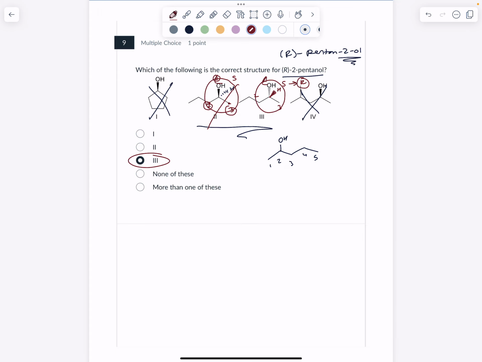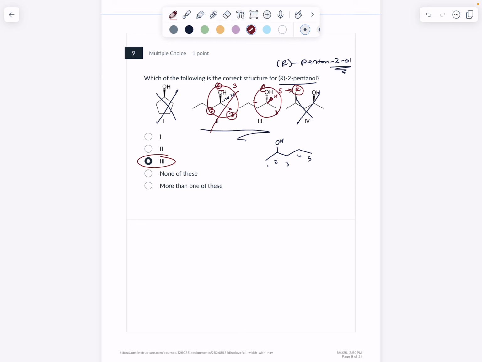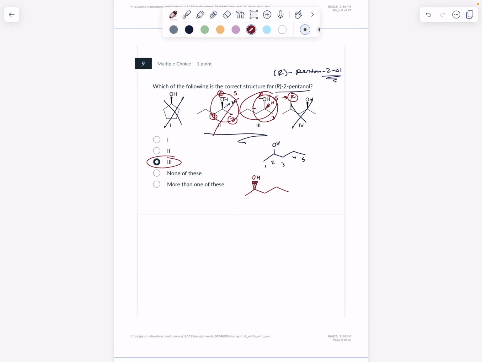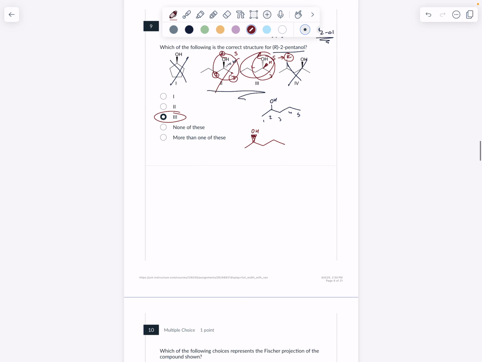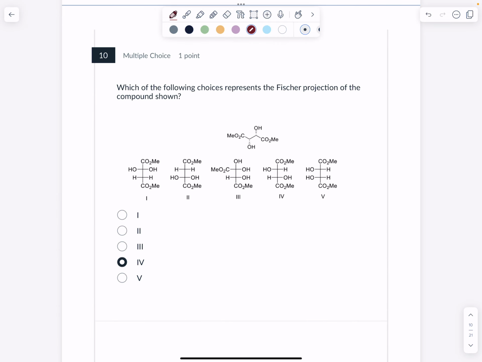If the thing where one of them is pointing towards you doesn't make sense, you can also rotate this whole molecule. So if you were to flip this whole thing, it would look like this with the alcohol like that. So however makes sense to you. That's how I process it, thinking about the hydrogen being pointed towards me or away from me, but either one of those is correct.